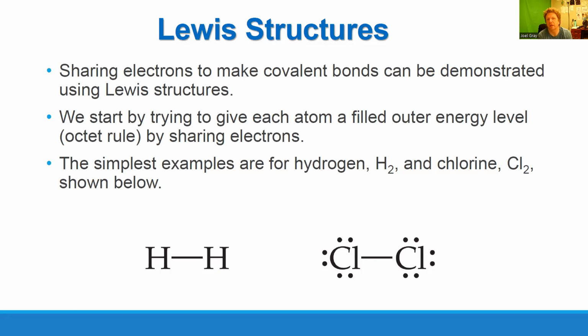Those are both diatomic elements. Now, when we look at hydrogen down here, H2, each one of those hydrogens brought 1 valence electron. It's a 1s electron. It has only 1 electron in that s orbital.